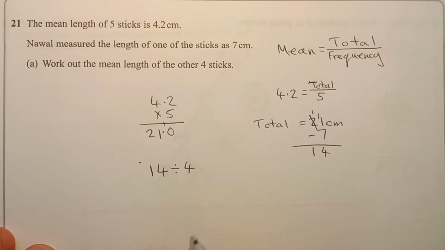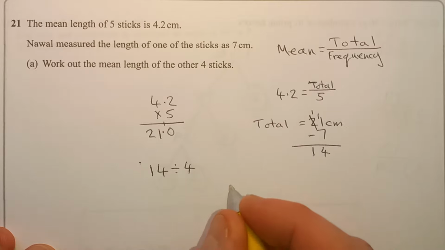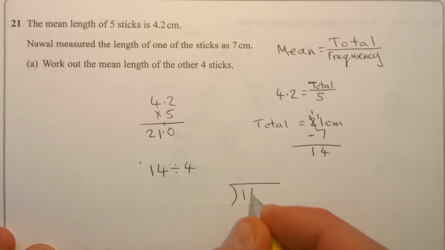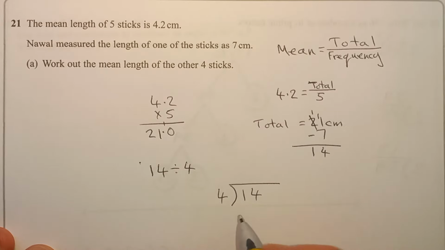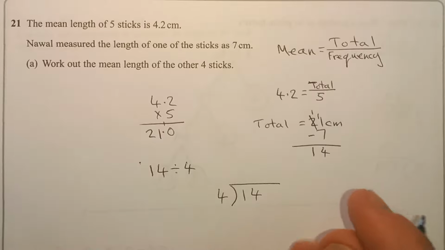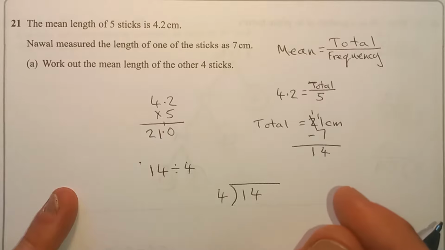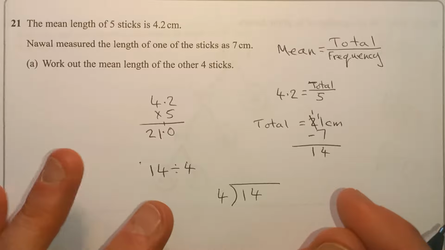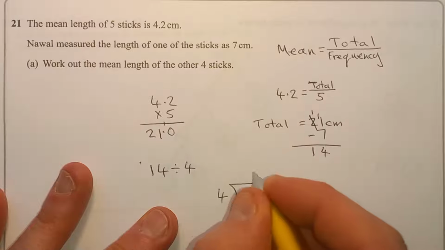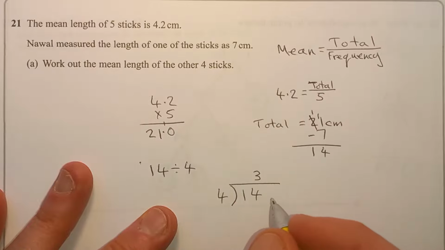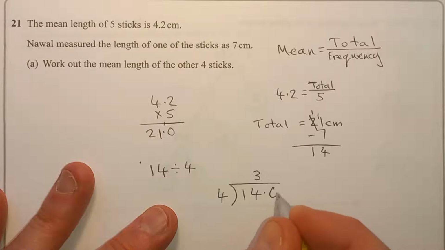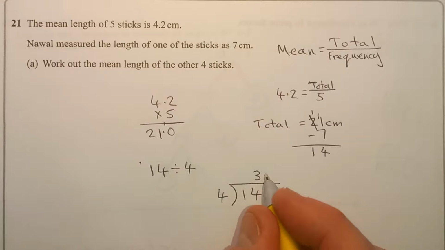Now, let's do this as a bus stop method. 14 and 4. So 4 into 14, we've got 4, 8, 12. So that's 3 times and 2 left over. So if we make this point 0, I've got somewhere to put my 2. So I put my decimal point here.